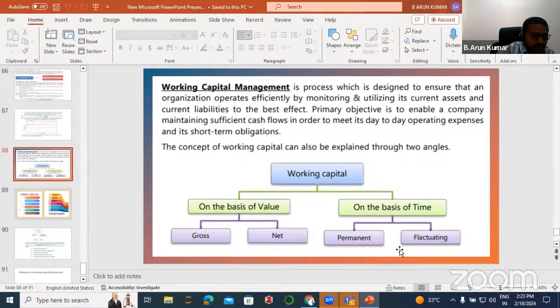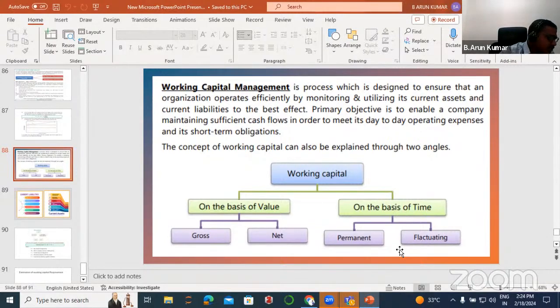The 14th unit is retained earnings, that is, determination of retained earnings. Why do companies retain profits instead of distributing them to equity shareholders? It is because of many factors: earnings of the company, dividend policy of the industry, taxation policy, government policy, general state of the economy, liquidity, ability to borrow, repayment of debt, and desire of controlling among the shareholders.